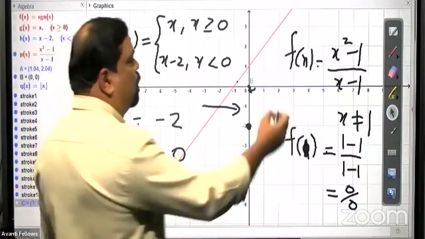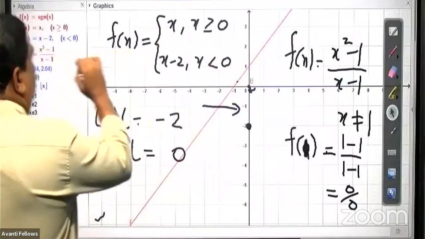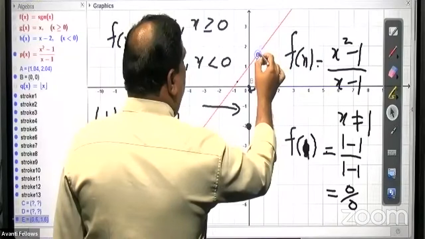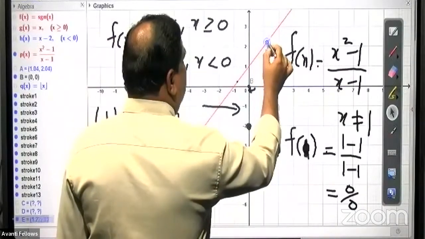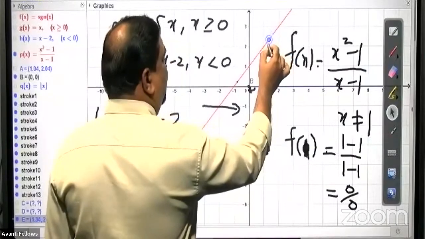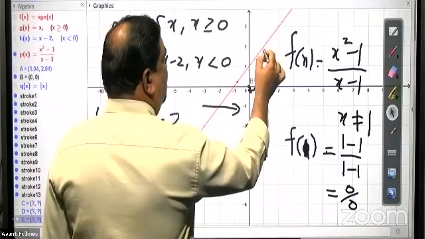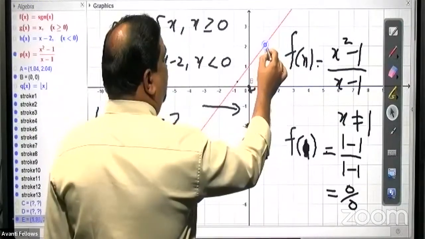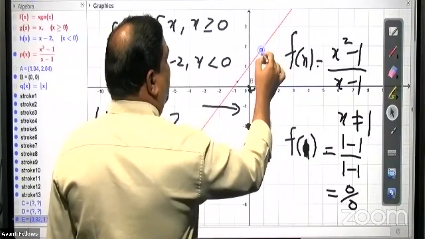But if I move just to the left side of 1, the function has value. If I move just to the right side of 1, the function has value, except at the point 1. When it reaches exactly the point 1, the function becomes indeterminate, and you cannot find this point here because it cannot identify the value.